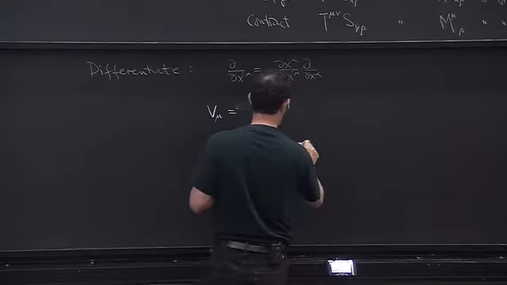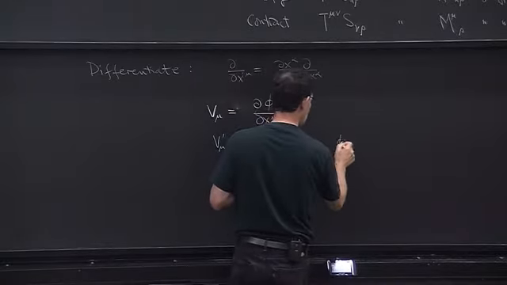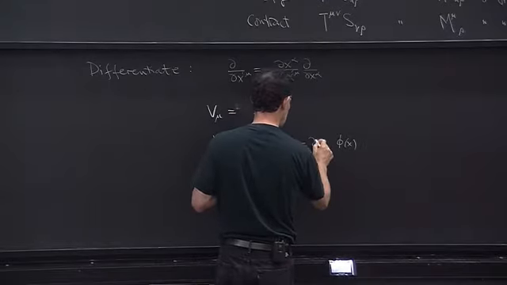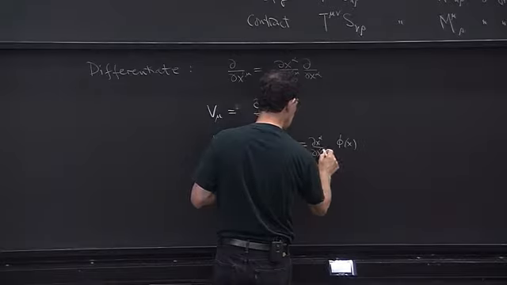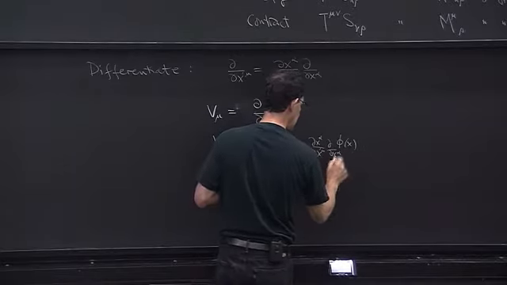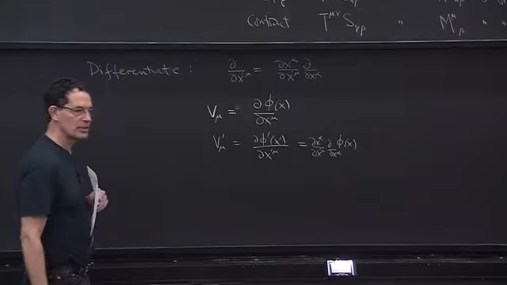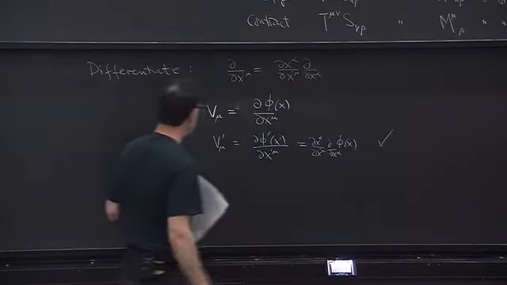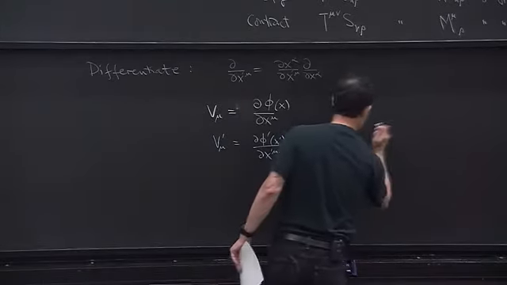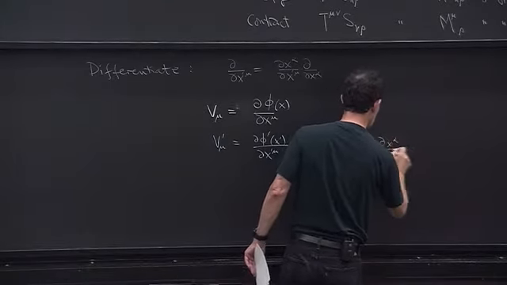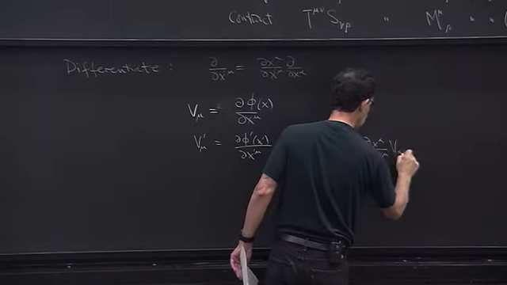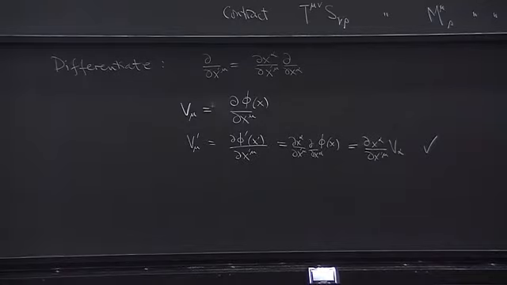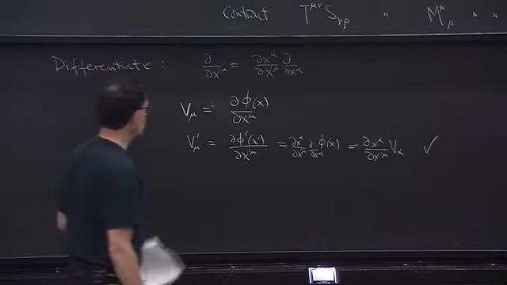And then we know phi prime of x prime is phi of x, and we know d by dx prime is dx alpha dx prime mu d by dx alpha. Okay, so yes, it's a tensor. This is exactly the right transformation law. So v mu prime equals dx alpha dx prime mu v alpha. So indeed, it's a tensor of type 0, 1.